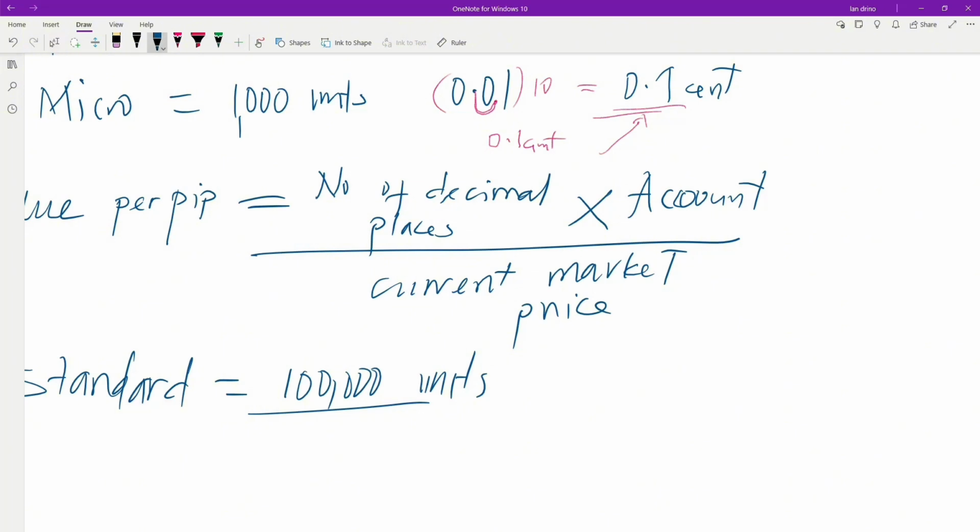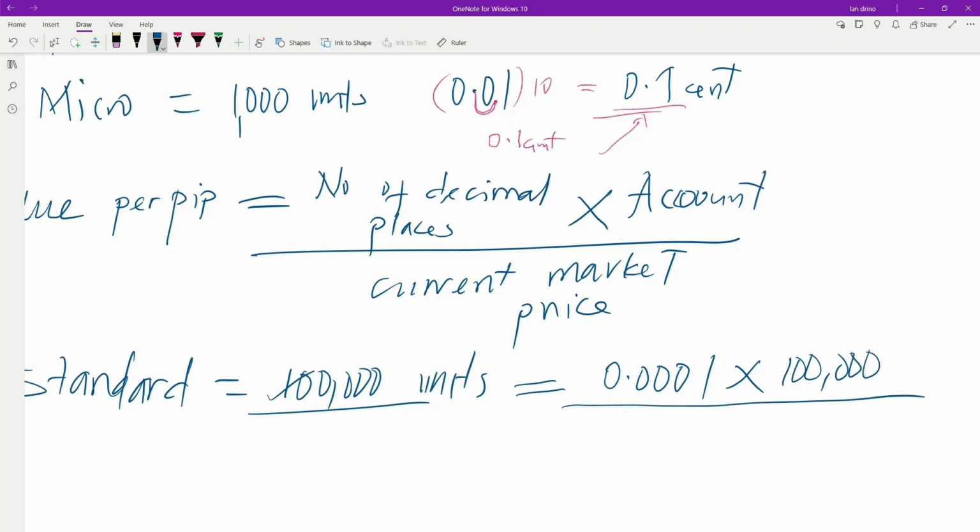So for a standard account, for the value of a pip, we are going to take the number of decimal places, which is 0.0001, and we are going to multiply by our account size, which is a standard account, 100,000 units of currency. And we are going to divide by the current market price, which is 1.1234. Okay, the price that we have been using above here.